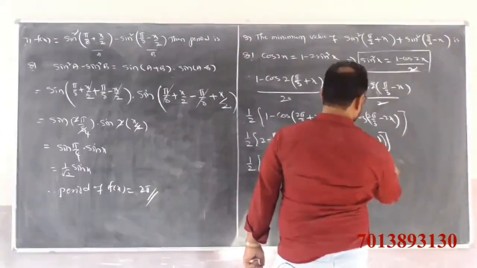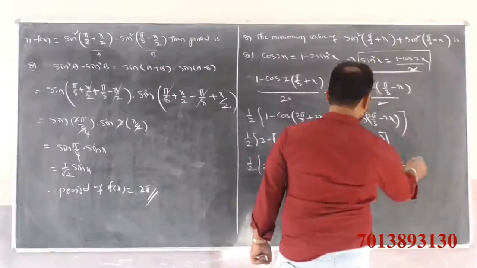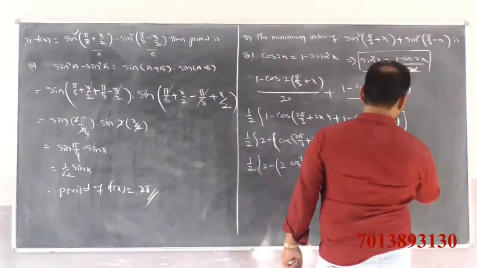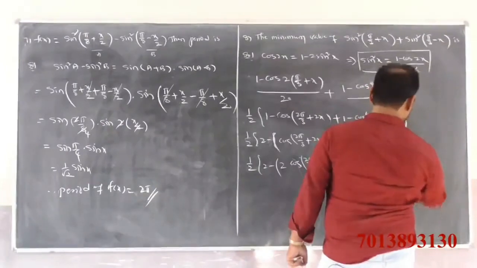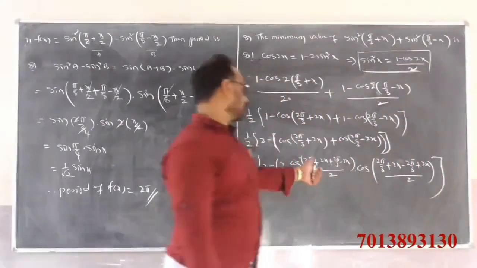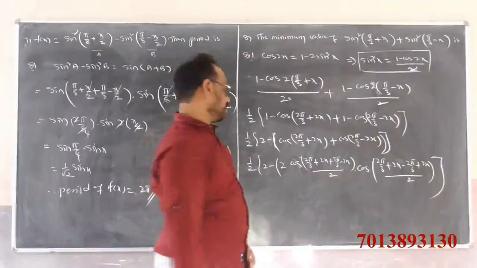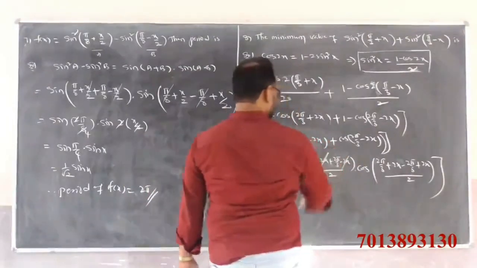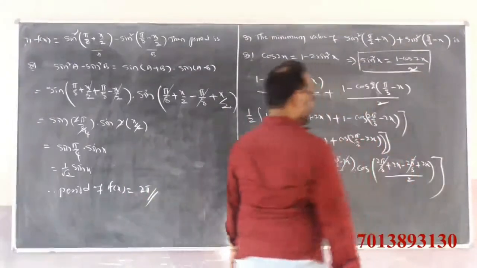Here c plus d by 2 is (2 pi by 3 plus 2x plus 2 pi by 3 minus 2x) by 2, and c minus d by 2 is (2 pi by 3 plus 2x minus (2 pi by 3 minus 2x)) by 2. The 2x terms and the 2 pi by 3 terms cancel accordingly.